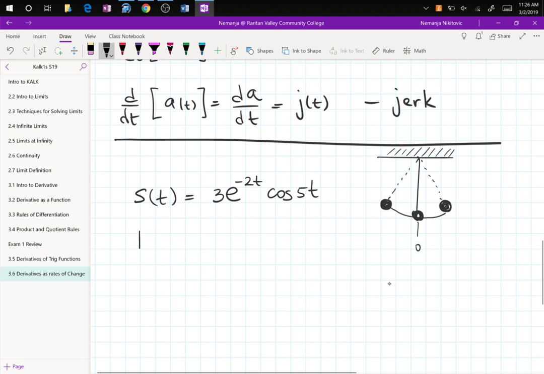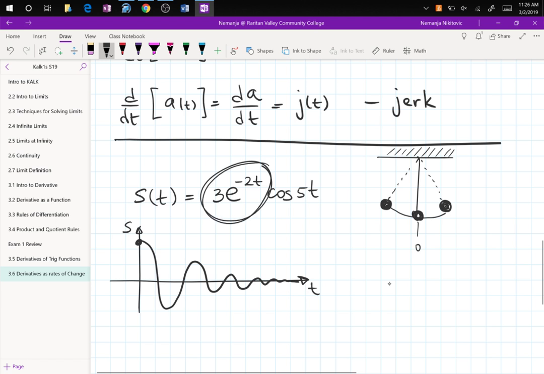If you graph this with your path that it covers on the s-axis, and you have your time, you pick it up and you let it go, and then it starts swinging, and it dies out. It's this e to the negative 2t that kills it eventually, and it's the cosine 5t that makes it go back and forth, back and forth, back and forth.